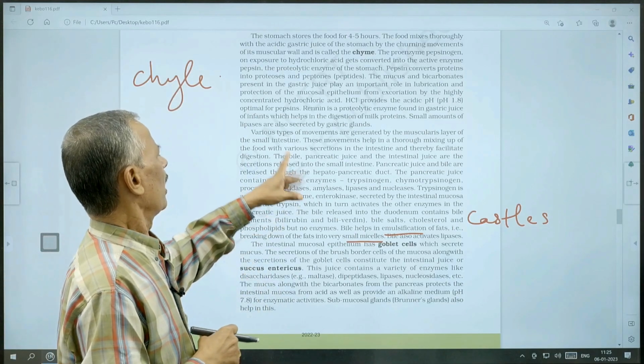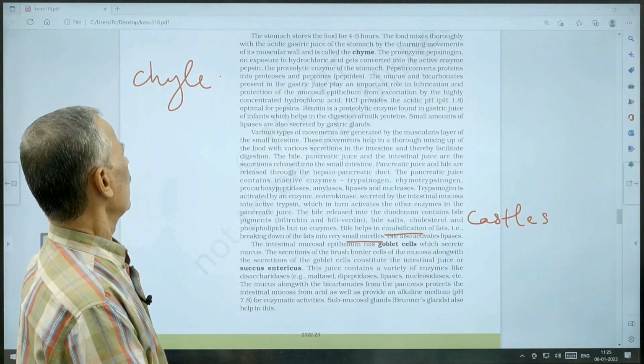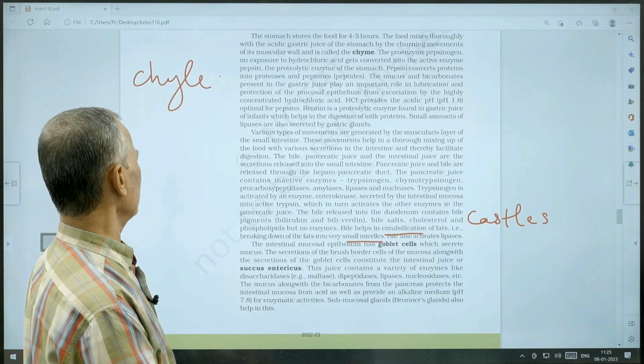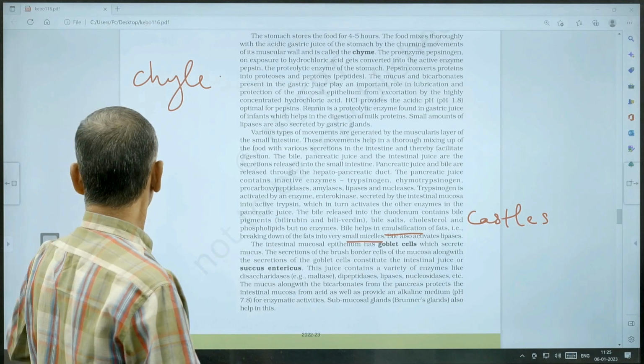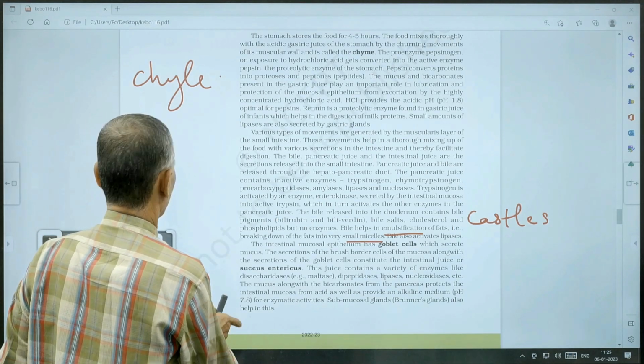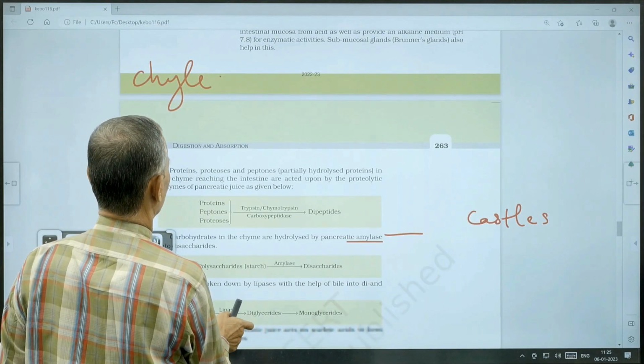Okay. Now, pancreatic juice contains a number of enzymes which are highly essential for digestion. What are the enzymes present in the pancreatic juice? Let us see.